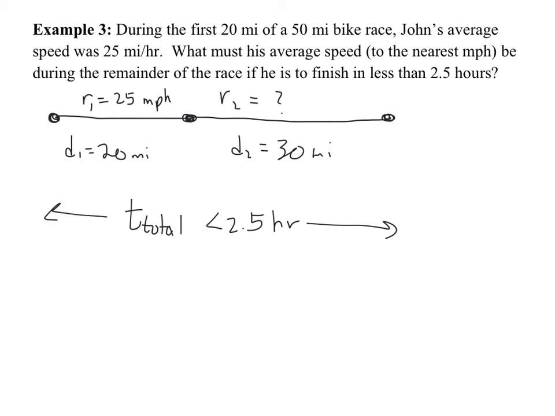Start with that. That's your starting point right there. If you're struggling with the starting point, think about the time it takes for the first leg of the trip. That might help you.